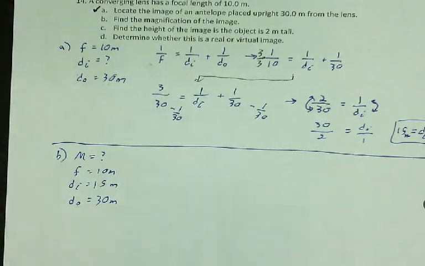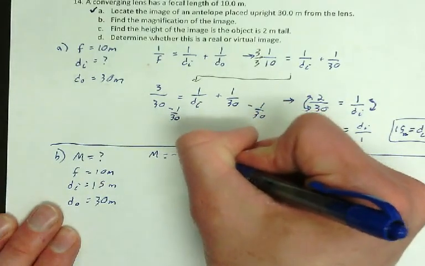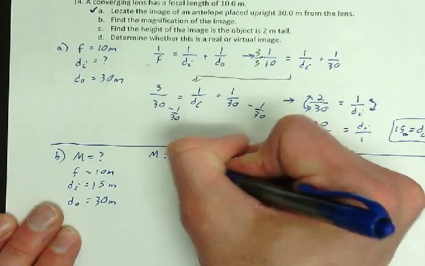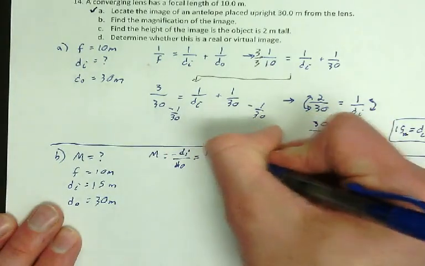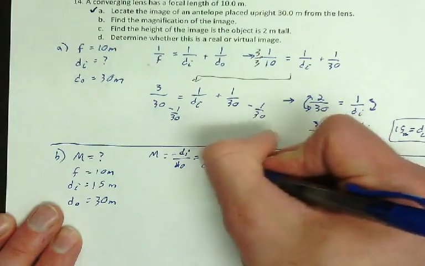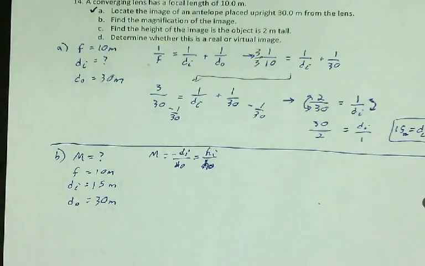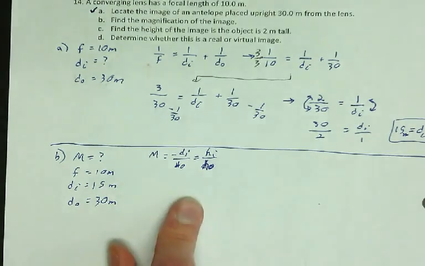Okay, so the equation is m equals negative di over do equals hi over ho. Nope, that's an h, totally an h. Okay, it's like the seven dwarfs said for Snow White: "Hi ho, it's off to work we go," or physics we go. Either way, totally pretty sure that's how it goes.